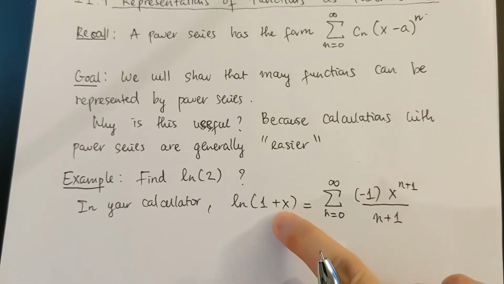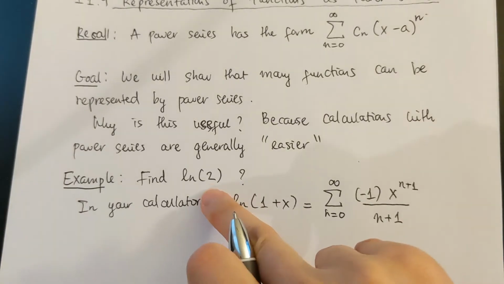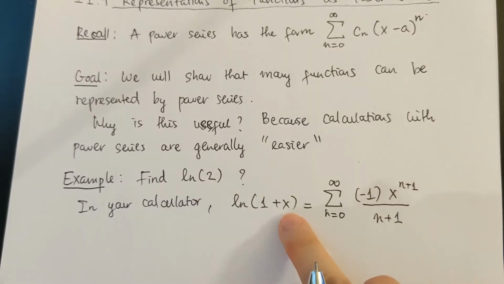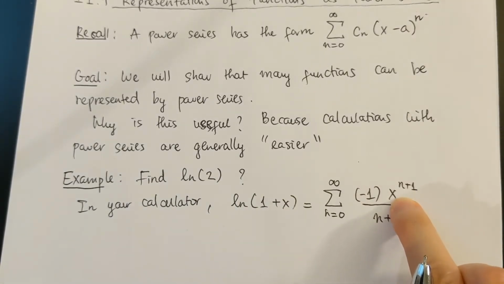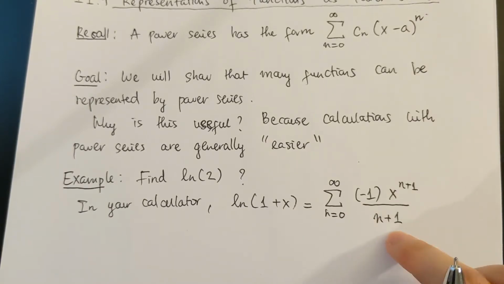Okay. So for different values of x, so here if you want to find natural log of 2, you would put x equal 1 here. For different values of x, you see that this is just summing a bunch of fractions, and your calculator knows how to sum numbers.